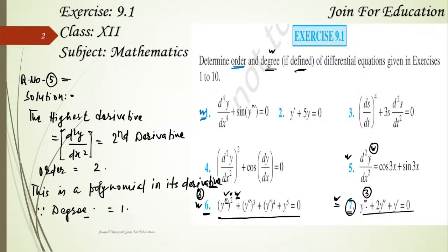So the order of this differential equation will be 3, and the maximum power of the highest derivative is 1. So the degree of this differential equation will be 1.